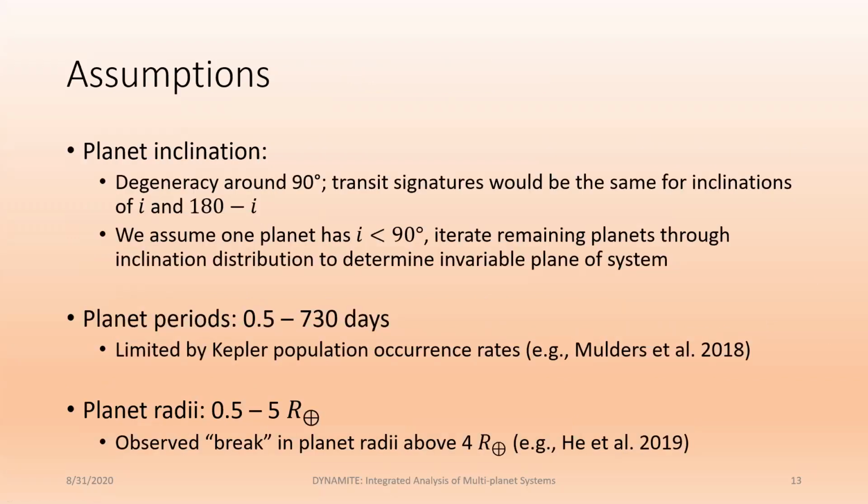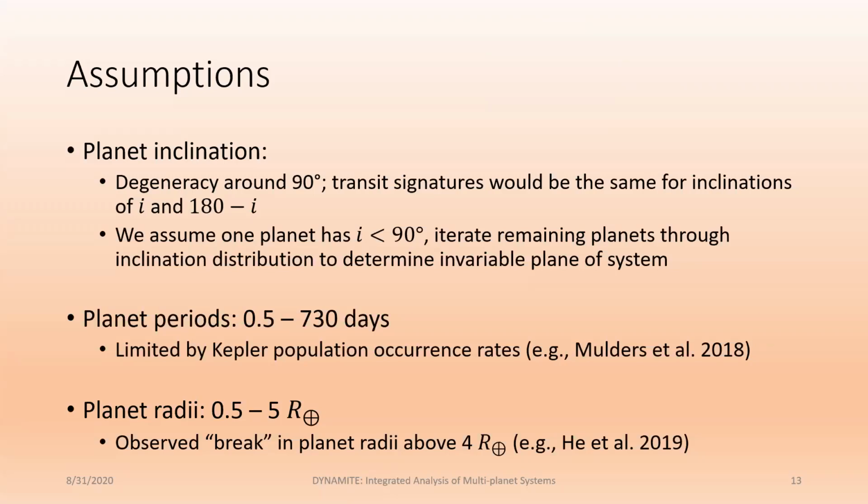For the orbital inclination, there exists a degeneracy on both sides of 90 degrees, as the transit signature for a planet orbiting at an inclination less than 90 degrees would have the same transit signal as a planet orbiting at an inclination of 180 minus that inclination. Most planets are reported assuming their inclination is less than 90 degrees.